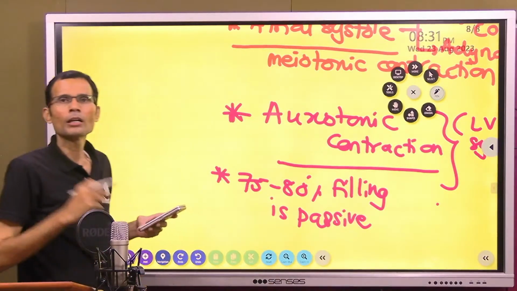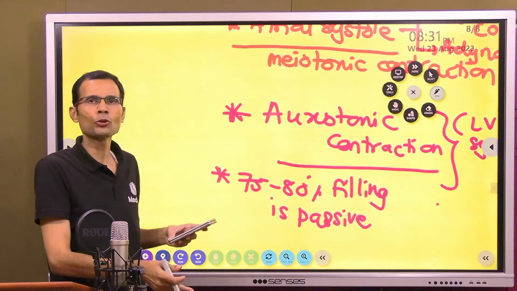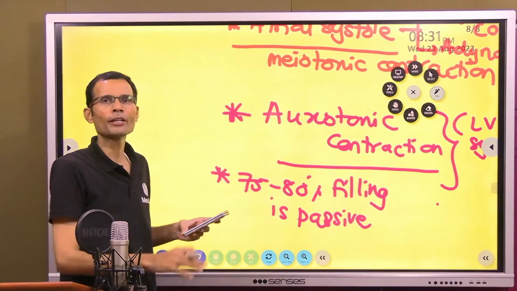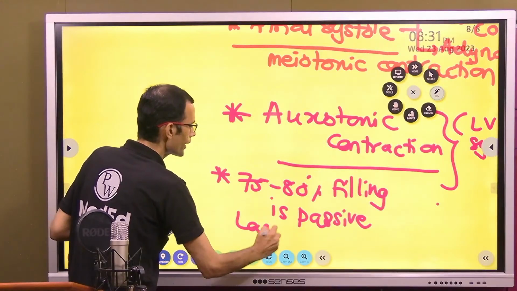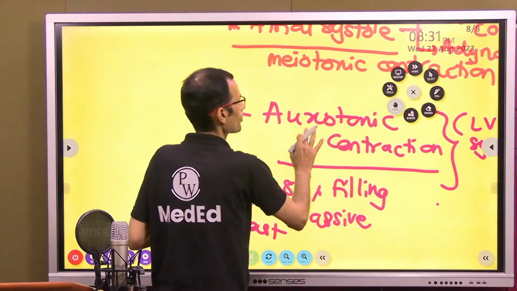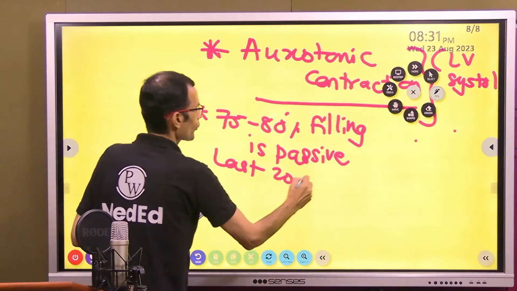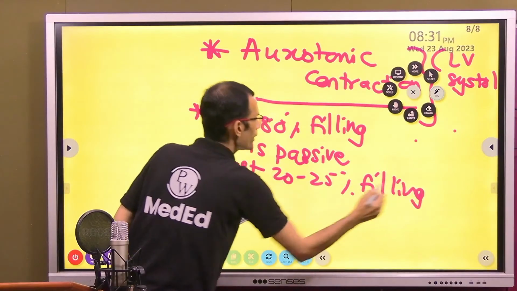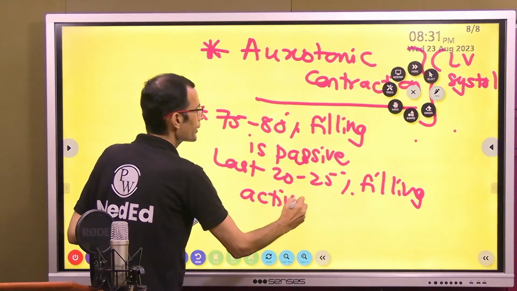Ventricles are in diastole, atria are also in diastole, so blood just comes in, fills the atria and then goes into the ventricles passively. Only the last 20 to 25% of filling of the ventricles is active, because of the atrial systole.